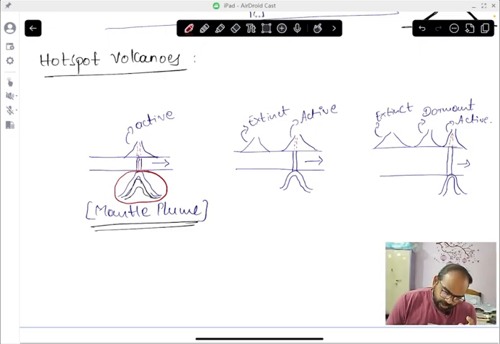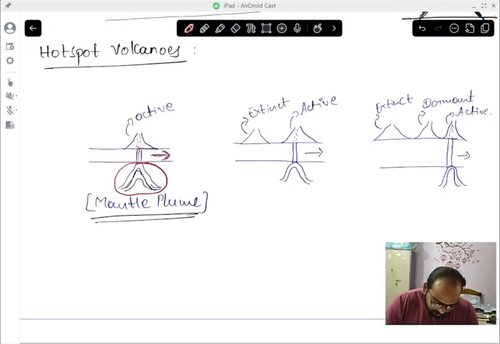Lava magma came out and formed a volcano here. The plate is moving like this towards this way, and after a certain period of time, this volcano is behind the mantle plume.